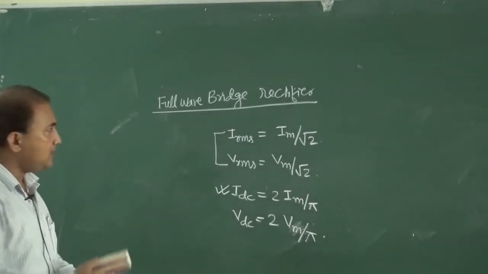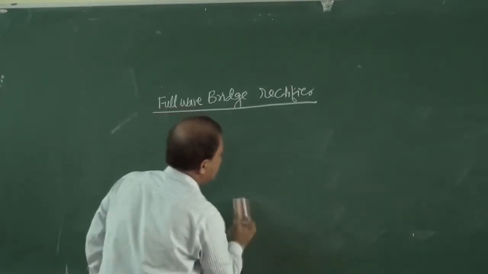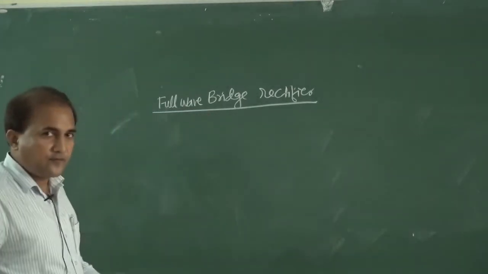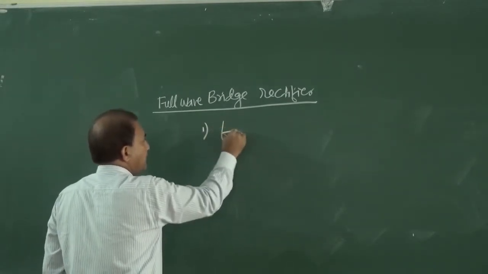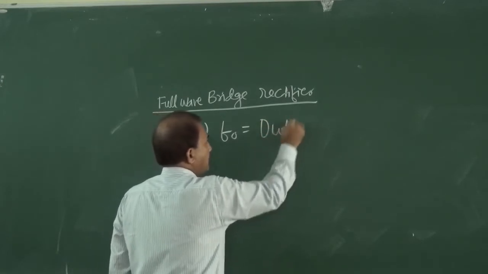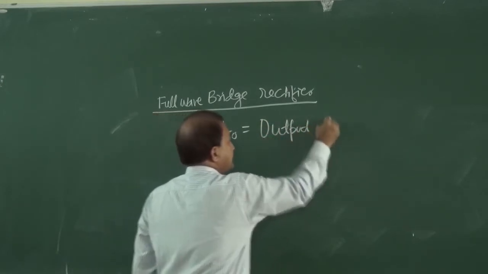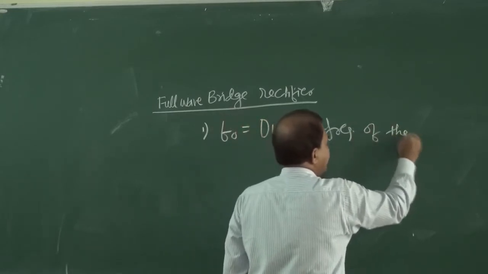Based on this, we can first calculate the output frequency F out, the output frequency of the signal.